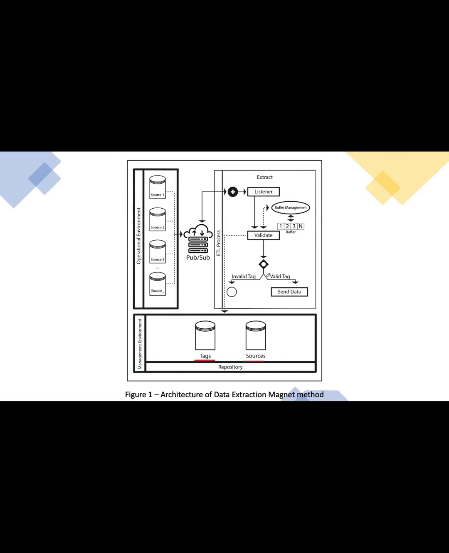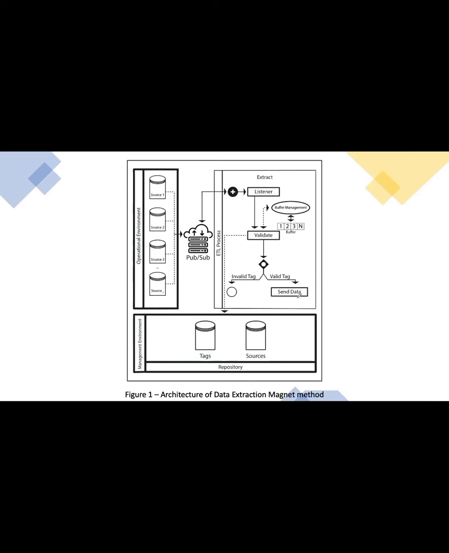And once validated, this validated data is sent to the send data. This send data stores the data of interest that now has a tag assigned to it and is ready to be sent to the rest of the phases of the E2L process.